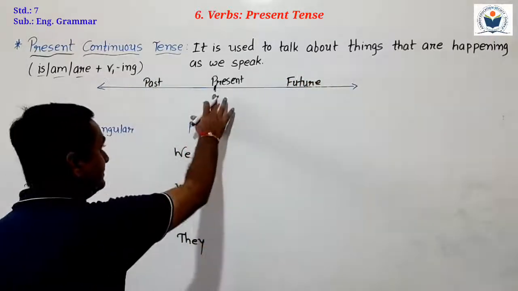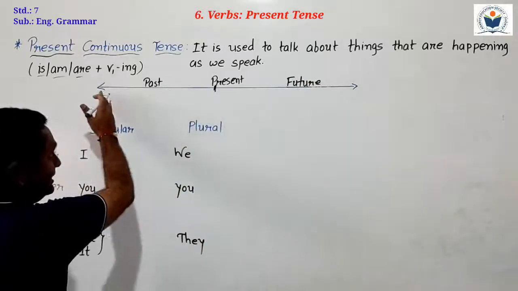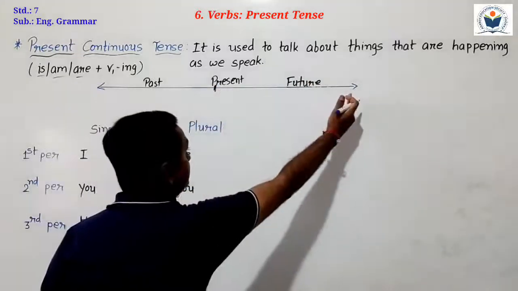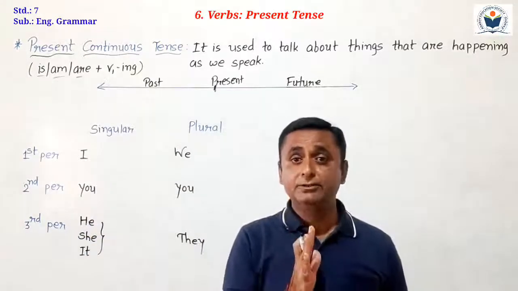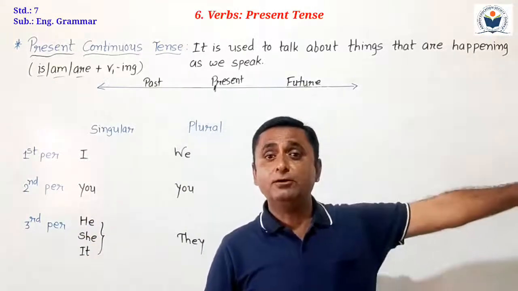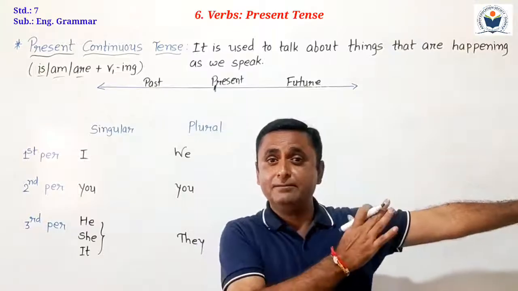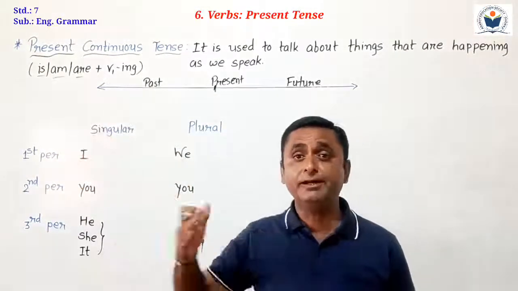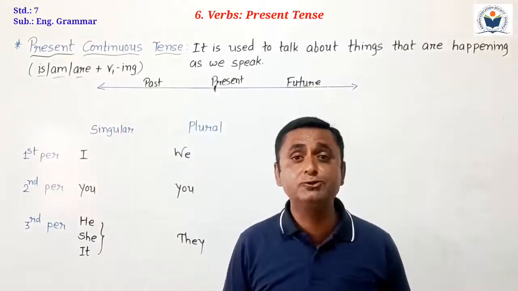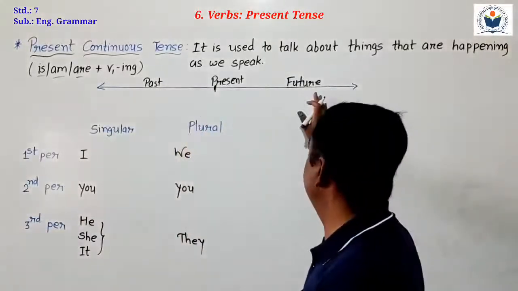So present time is here, past time is that side, and future time will be that side. Like this, I am talking here, so it's a present time. Before or today's time is known as past time, and after I am talking, that time is known as the future time. So in the same way I do it here.